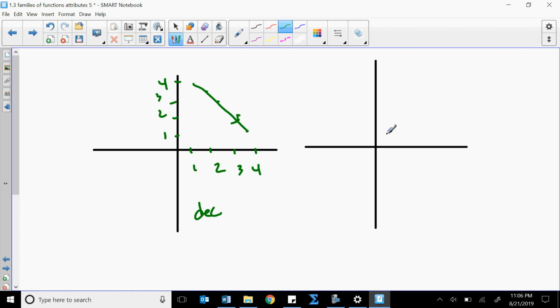Now, what is an increasing function? If I consider this coordinate plane, 1, 2, 3, 4, 5, and these points, 1, 2, 3, 4, 5, my function, if it's increasing, is going to go this way. As you see, as I move from left to right, the direction of my function is going up.